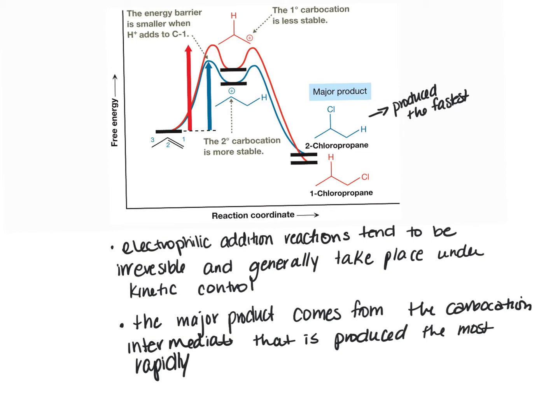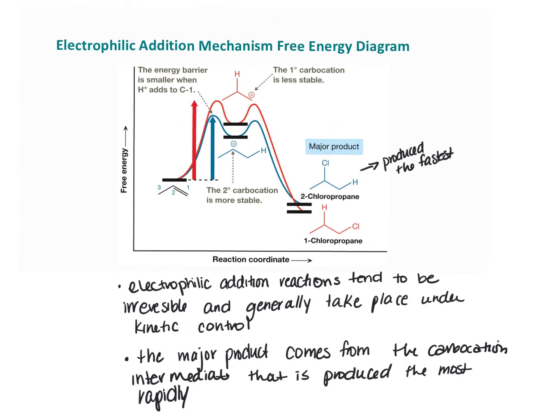With this in mind, if we look at this figure, which is 12.5, it shows the free energy diagram for the formation of 1-chloropropane, which is the red line here, okay? And it shows the formation of 2-chloropropane, which is the major product, and the blue line here.